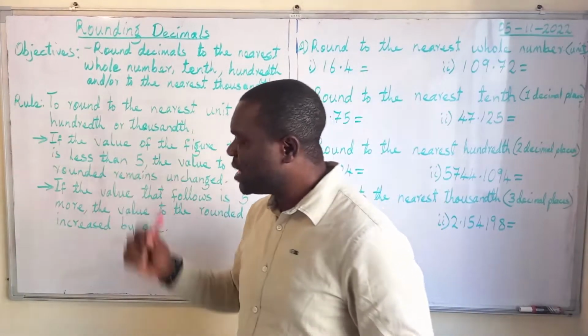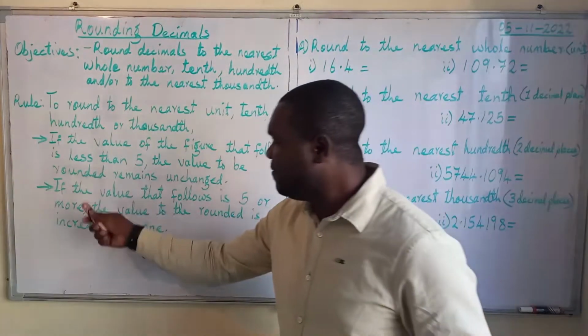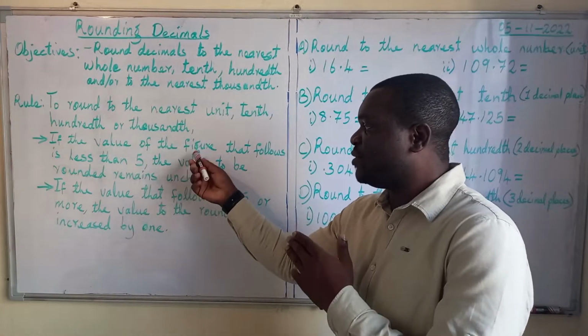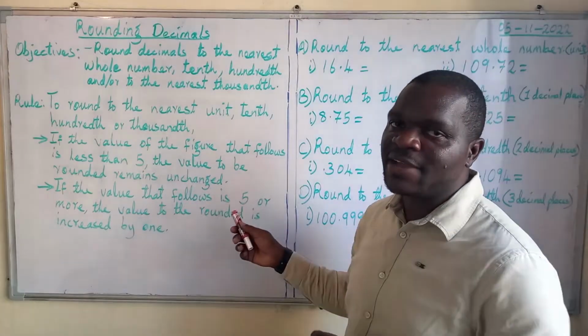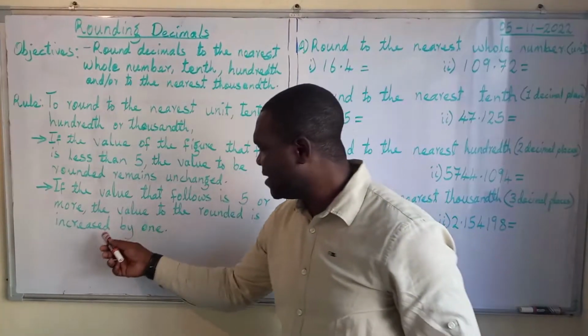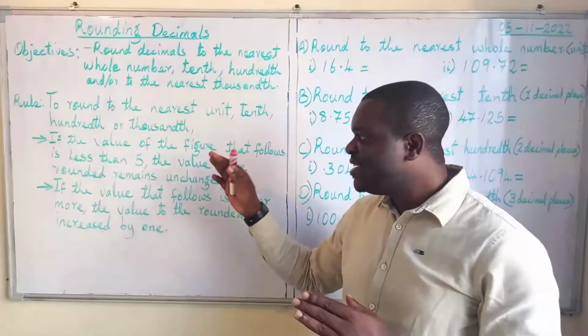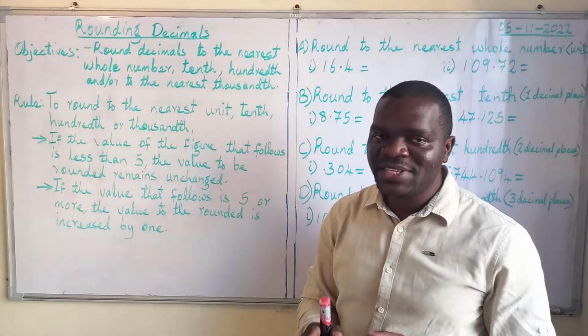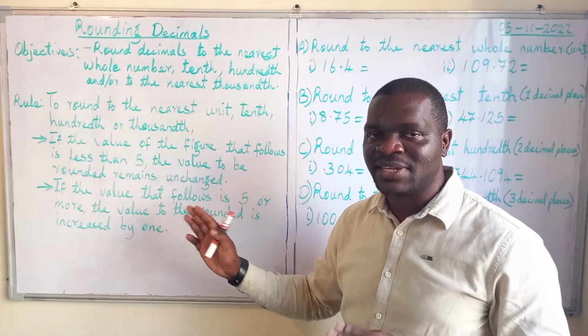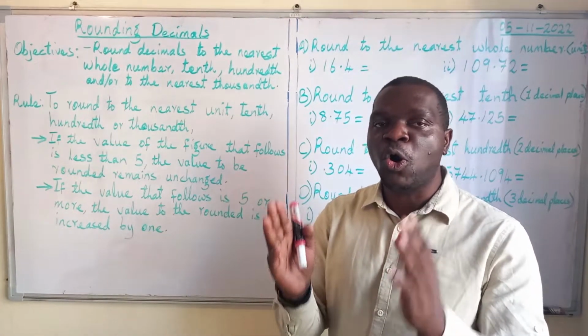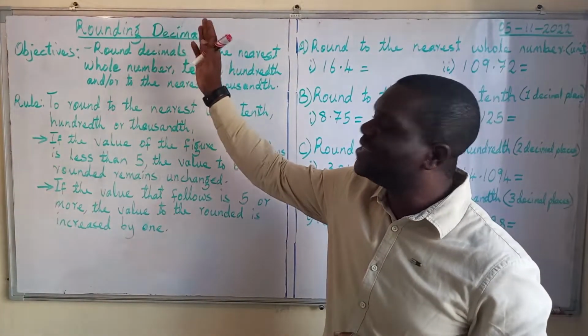Now the second rule states that if the same value that follows is 5 or more than 5, then the value to be rounded is increased by 1. These two rules are very important. Please pay attention as far as this is concerned, because this is what guides all about rounding decimals.